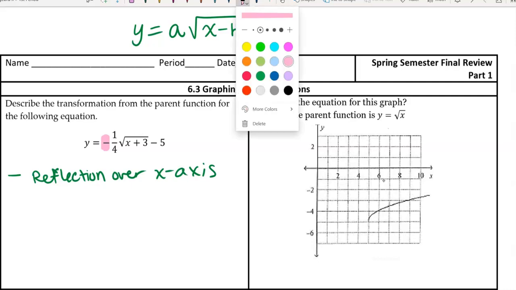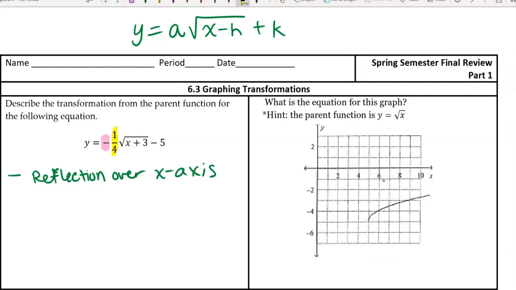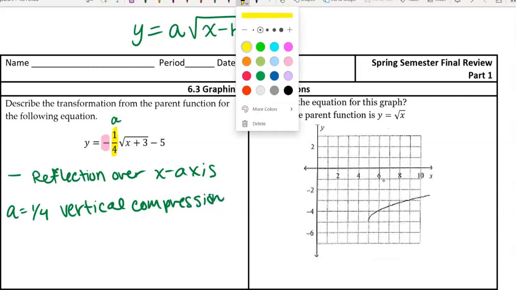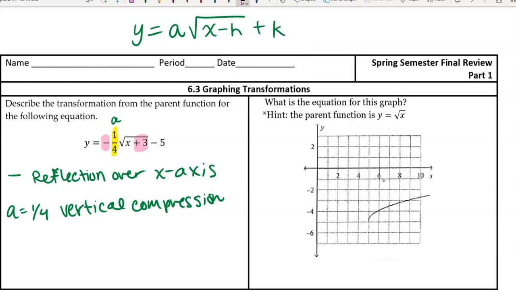Next, we have the 1/4. That is our A value. And A is 1/4, which means this is a vertical compression. H is next.